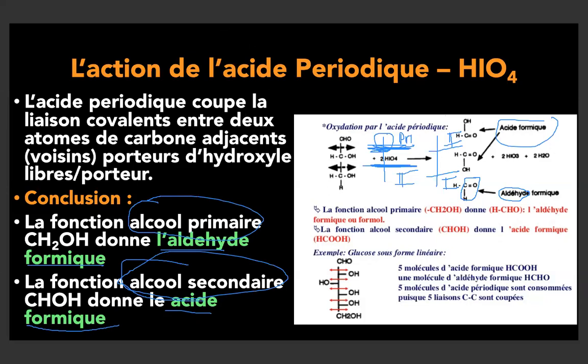So it's always that when you have the periodic reaction, you are going to have these two products formed. From your primary alcohol, you're going to have the aldehyde formic, and from your secondary alcohol, you're going to have your acid formic. Are there any questions?